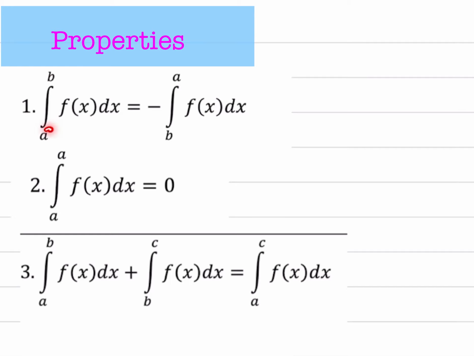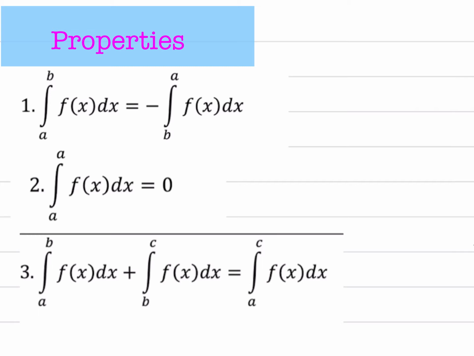Instead of from a to b, we have from b to a. This is the same as the first, but we take its negative. So what's the effect of switching the limits? It gives the negative. This is because we are integrating from the opposite direction.